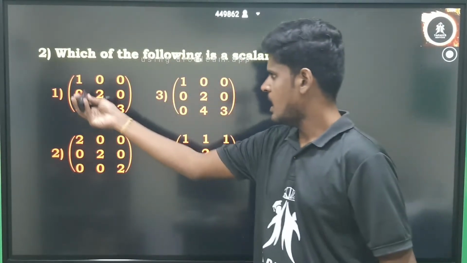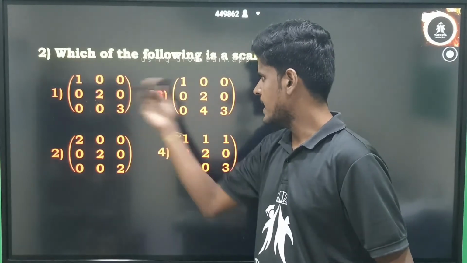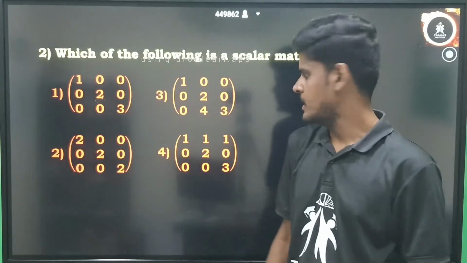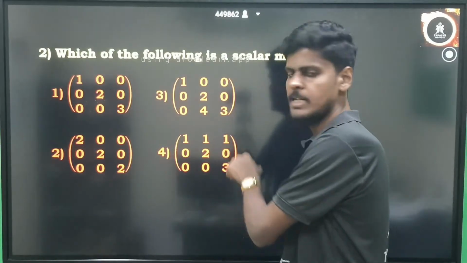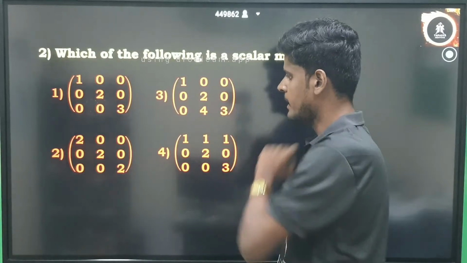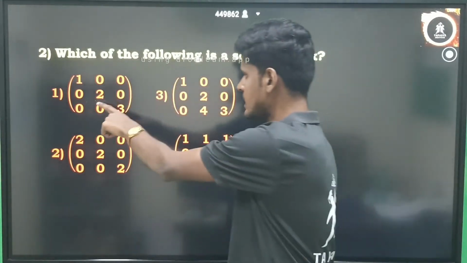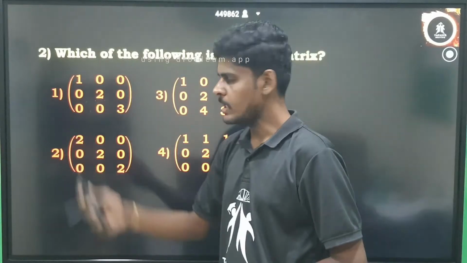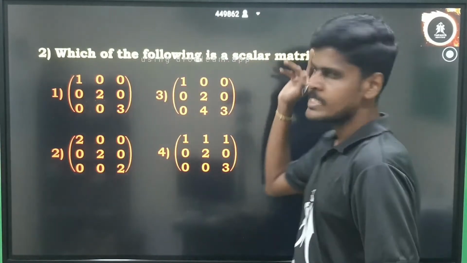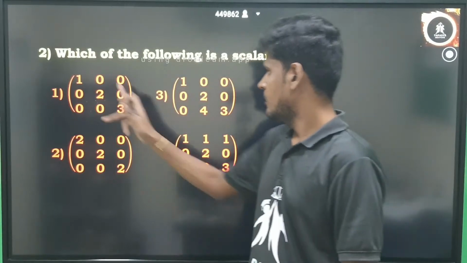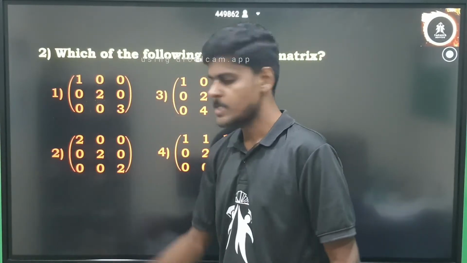Now observe, first, this is obviously not a diagonal matrix because we have some other elements in regions other than the diagonal. This is also not a diagonal matrix. This is a diagonal matrix as well as this is a diagonal matrix. So options 1 and 2 are diagonal matrices. What is a scalar matrix? All diagonal elements should be the same number. So which option should be correct? Option 2.